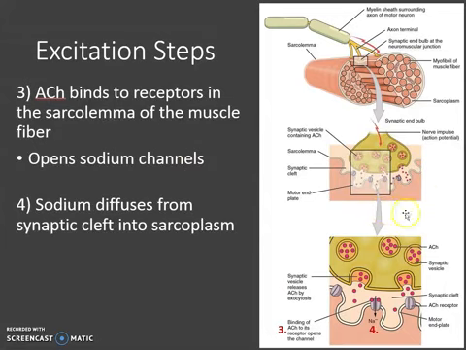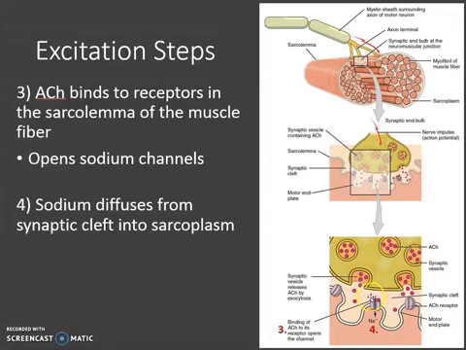Once it's in the synaptic cleft, that acetylcholine binds to these little purple receptors here. And these purple receptors are embedded in the cell membrane of the muscle fiber. When that acetylcholine binds to the protein, it opens it up. And these proteins that the receptors are bound to are sodium channels.